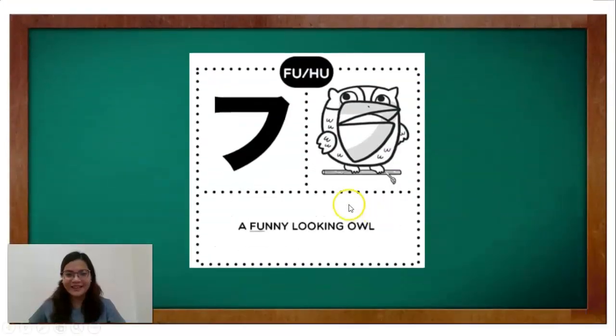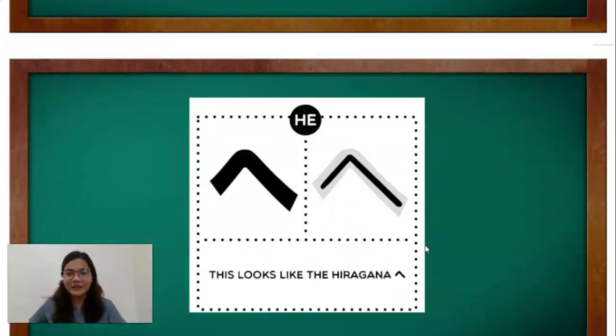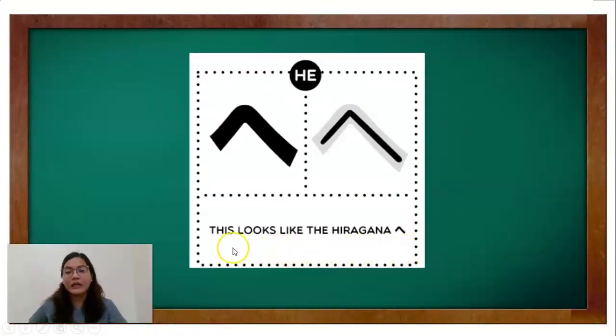Okay, next, fu or who. A funny looking owl. Just think of a funny looking owl. Fu. Okay, next up, he. So this looks like the hiragana he. They are very similar, and just a little bit of curve and edge would be the difference.